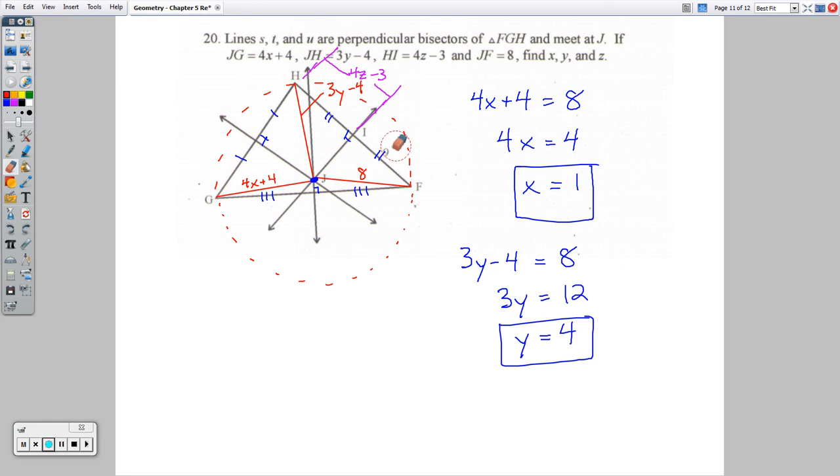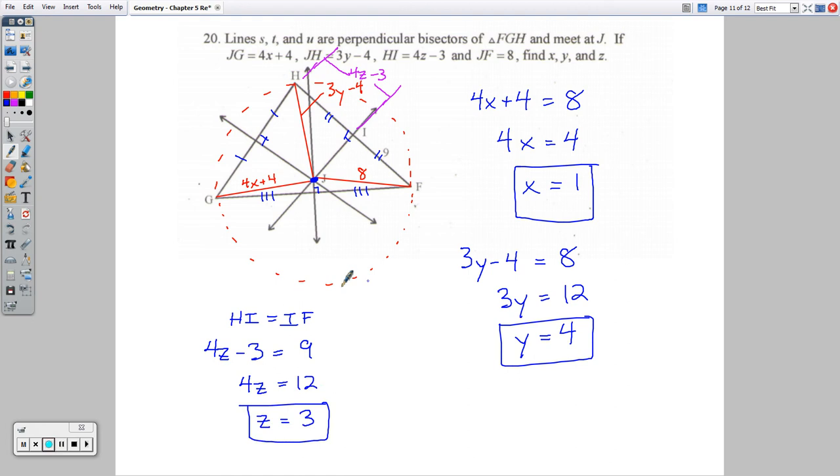I was wondering what it was right there, I was covering that up with my marking. So that's 9 right there. If this is 9 and this is congruent to that, HI is congruent to IF, we could say that HI equals IF, and then based on the information in the picture, 4z minus 3 would have to equal 9. You add 3 to both sides and divide by 4, you've got z equals 3.